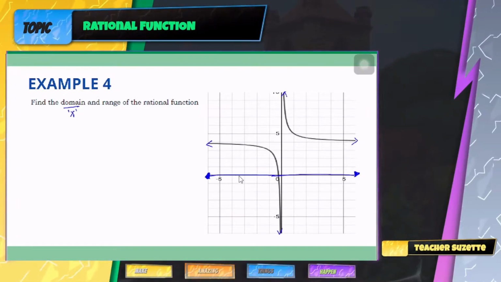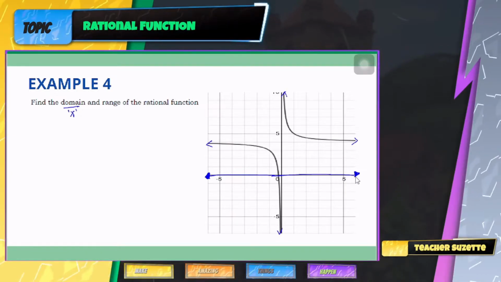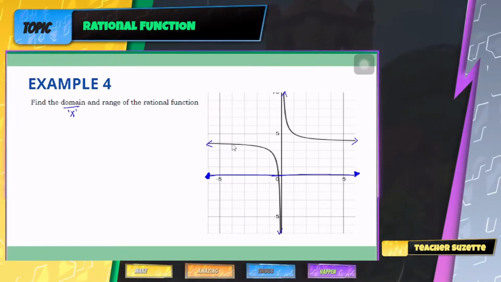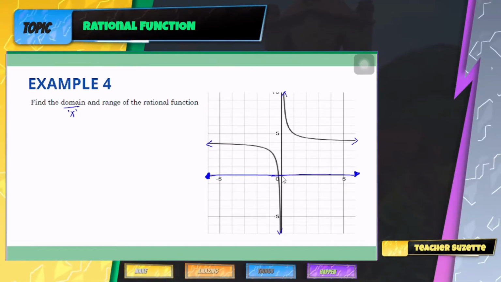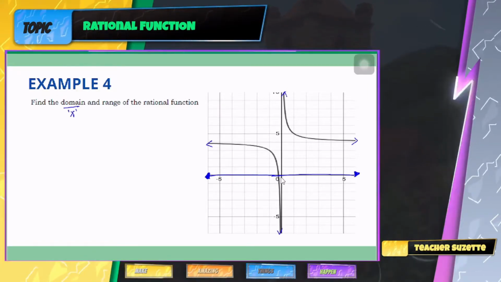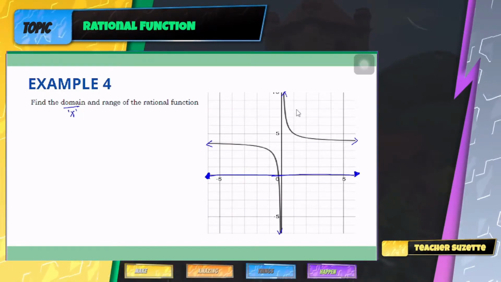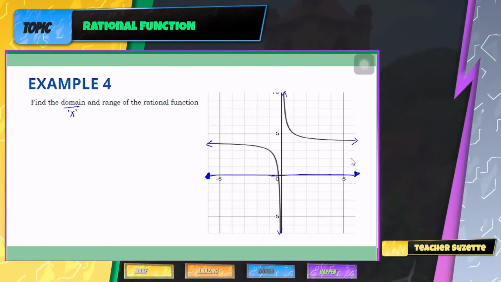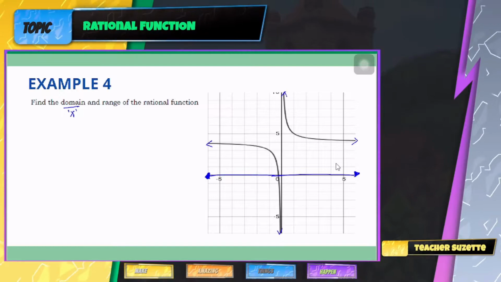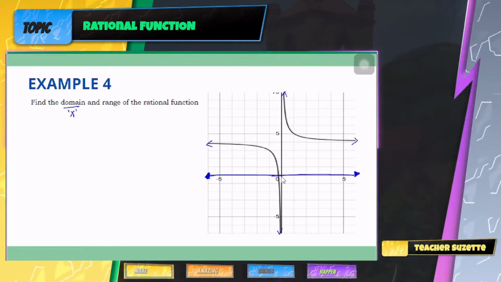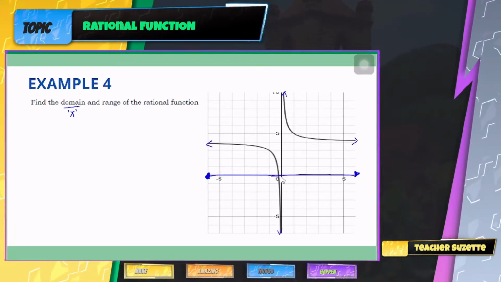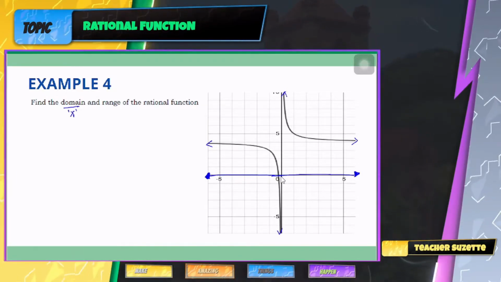With respect to your x-axis, obviously, you can observe that when your graph goes toward 0, at point 0, mapapansin mo na yung graph mo po ay umiwas. It is just getting closer but not touching x is equal to 0. So therefore, this will be the restriction of your domain.